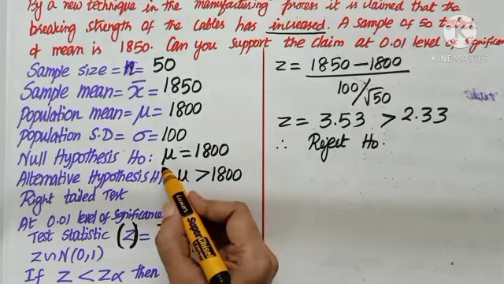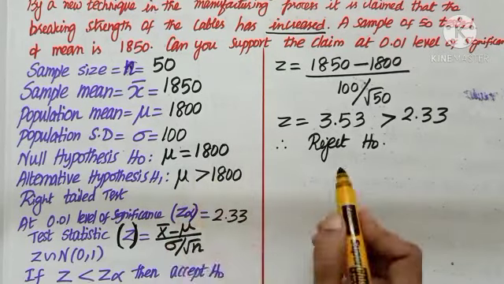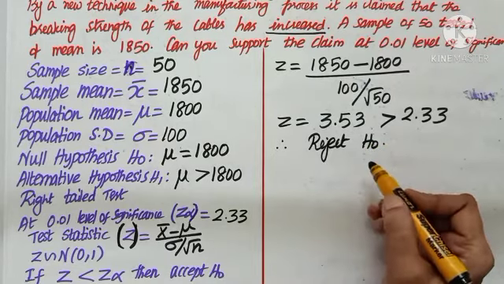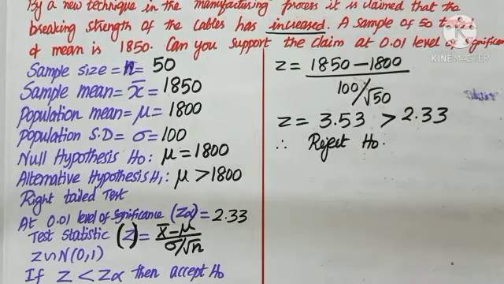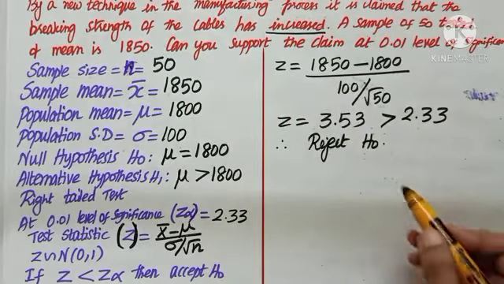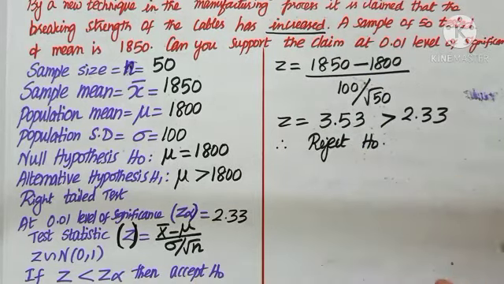What is h0 actually? The population mean 1800, no change. If I reject h0, I will say the mean value has definitely increased. The question is, can you support the claim? If I accept h0, I will say there is no change in the mean.